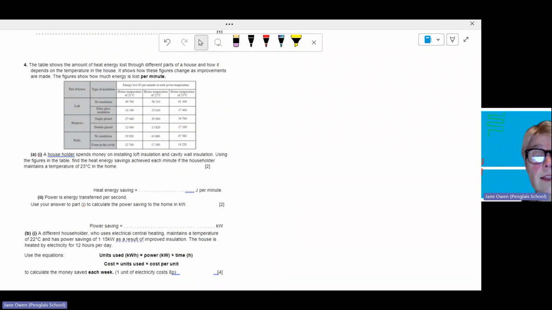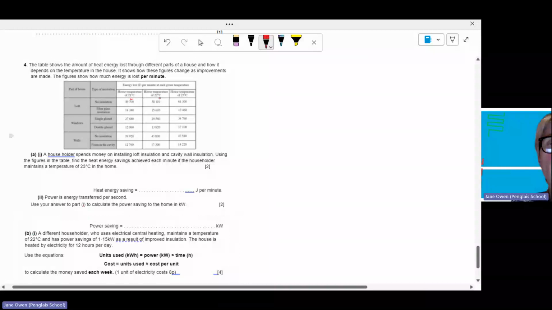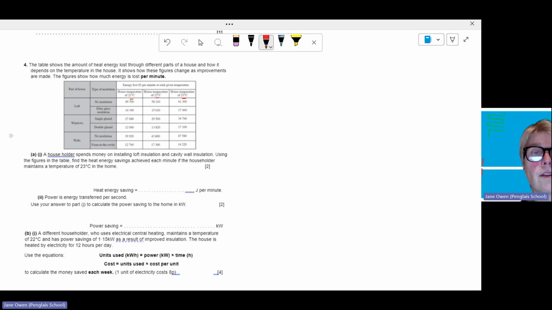Now, here there's a table and it's showing how much energy is lost per minute. And it's showing it at 21 degrees, 22 degrees, and 23 degrees, if the house temperature is set at that. For the loft, windows and walls, with and without insulation, without and with double glazing, without and with cavity wall insulation.